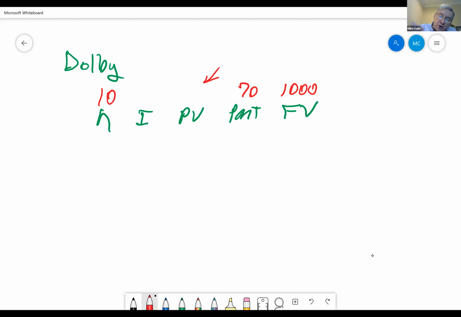And how much will Dolby net after investment banker fees from selling these bonds? Somebody take a guess. Well, if they sell at par, but investment bankers charge them $40 a bond, they'll really only net $960.